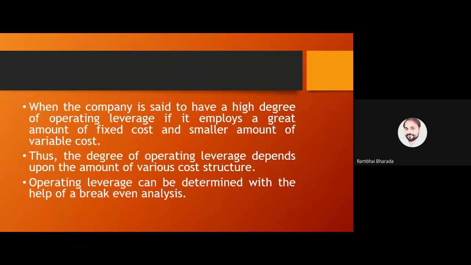If the company has a high degree of operating leverage, it employs a great amount of fixed cost. Great amount of fixed cost means, if you see company A and company B, in company A fixed cost is 7,50,000, in company B the fixed cost is 15 lakh. So here fixed cost is more and variable cost is smaller. What happened?